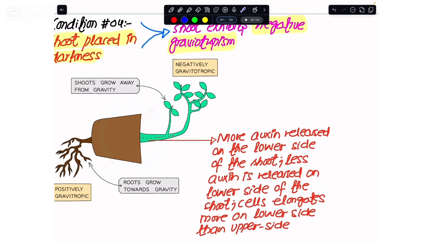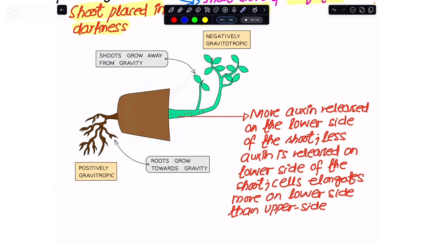And if we look toward the role that auxin has contributed, here you see again I am dividing this shoot into two equal parts, and now I would like the shoot to bend upward in the absence of light. So again, on the lower part of the shoot I would deposit more auxin, and on the upper part the auxin deposited would be less.